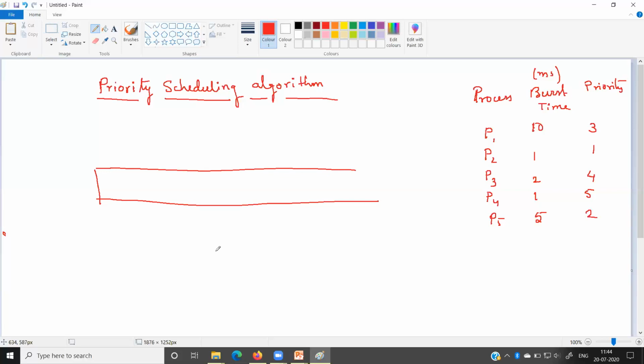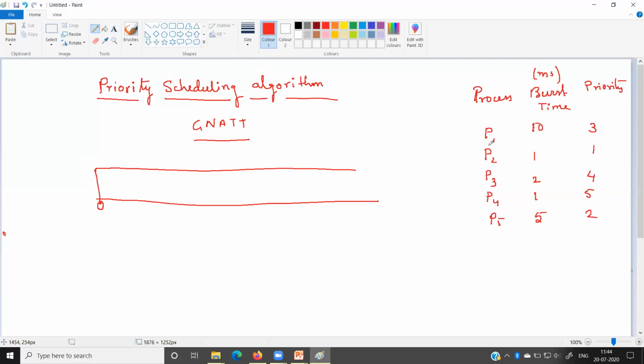We call it the Gantt chart. Now, as you know, the starting time of the block is 0, so we assume all processes arrived at time 0.